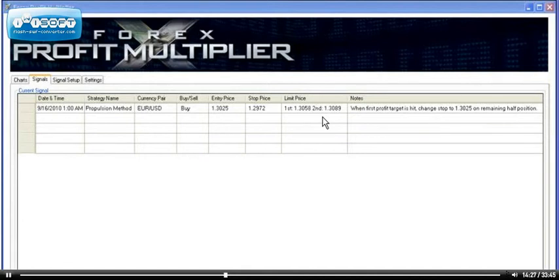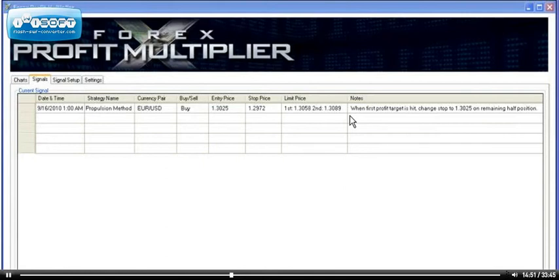And the great news, too, is you're not just blindly entering this order. You're going to understand from a careful review of the course material why this setup occurred. That's very important because I don't want you just loading orders in, not knowing what you're doing or not knowing the rationale behind the trade.